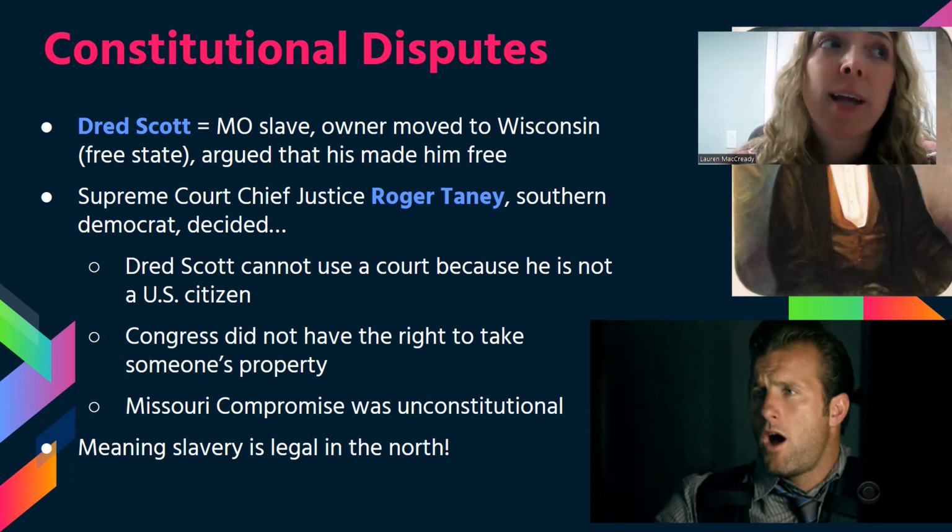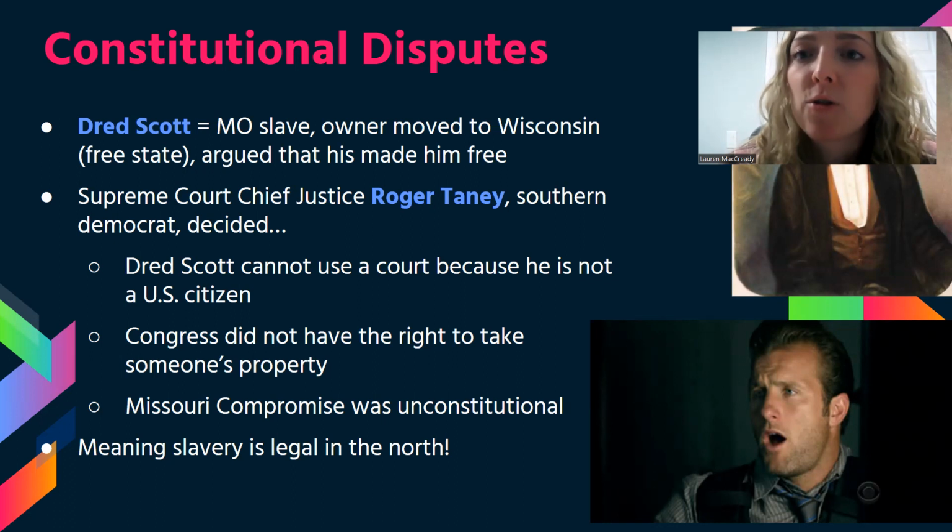And Congress doesn't have the right to take away someone's property due to the Fifth Amendment. And so he's allowed to remain a slave in a free state because he's property and the government can't take away property. And even though it violates that state constitution, they're saying that the Fifth Amendment trumps your state constitution.